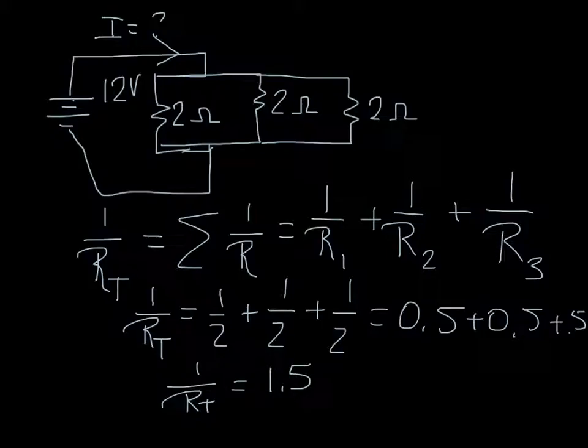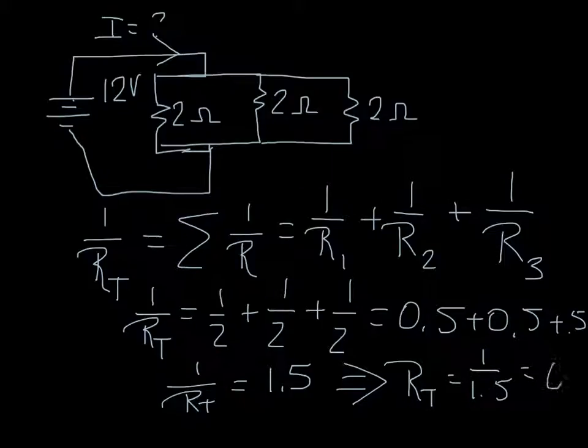Now we need to find resistance. That's just a flip. So that means resistance total is equal to 1 over 1.5, which is 0.67. Okay, so that gives us our resistance total is 0.67 ohms.